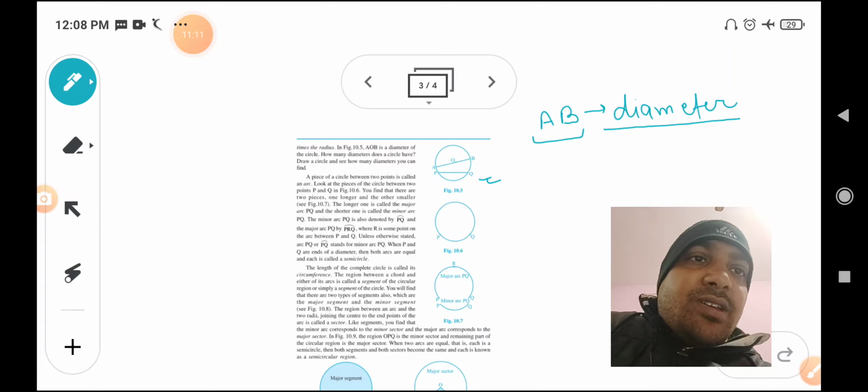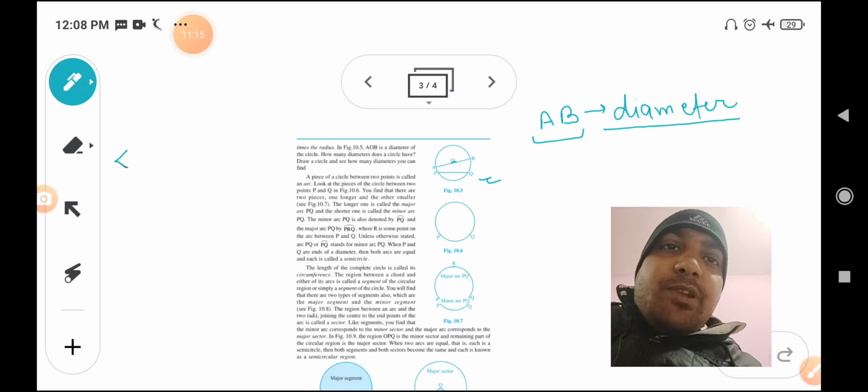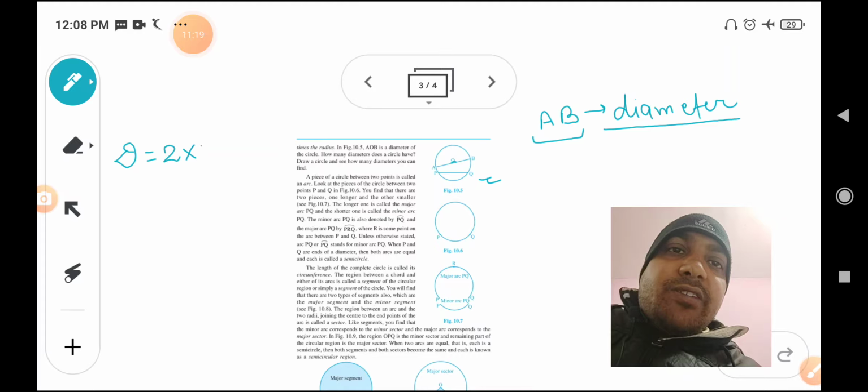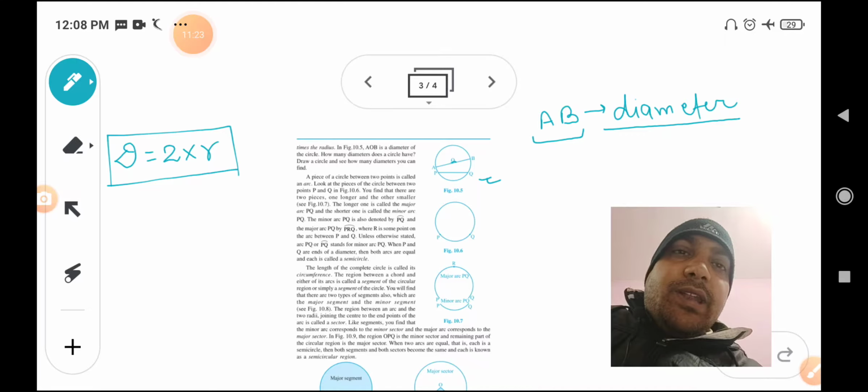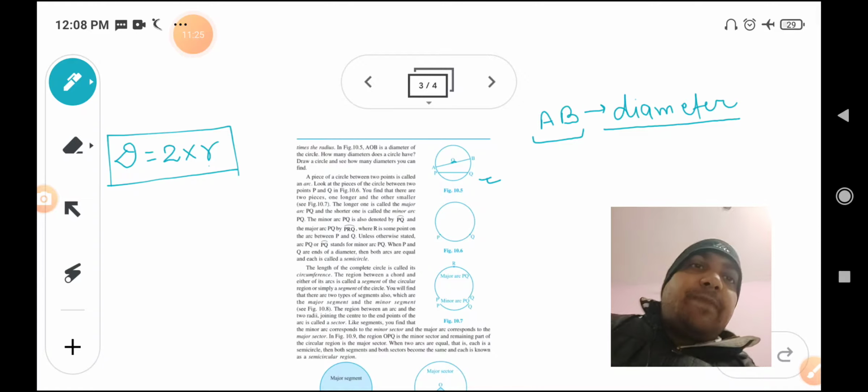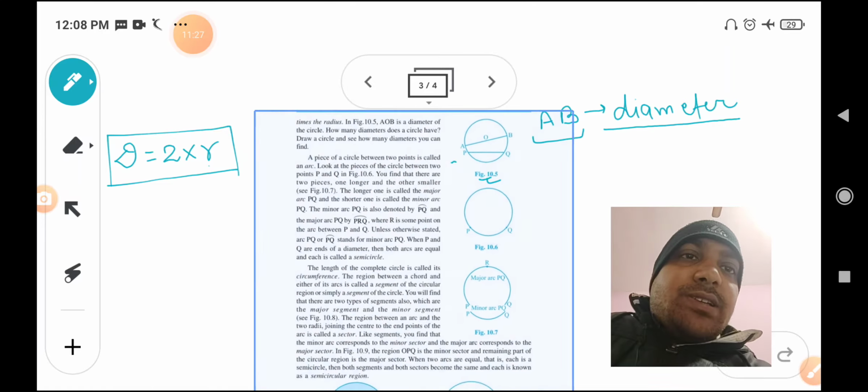So diameter is equal to 2 times the radius. I have denoted diameter by D and radius by R, right? Okay. So coming to the next.